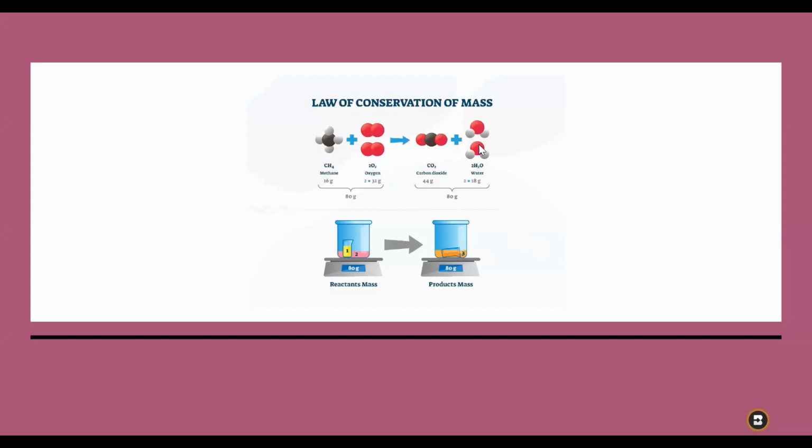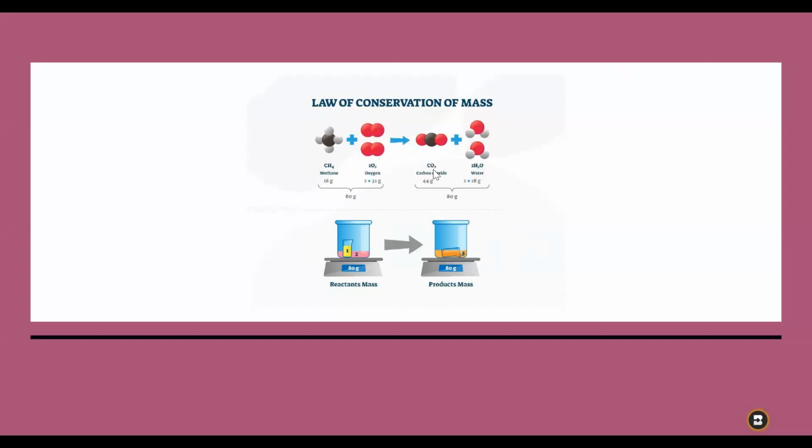So here, given this equation, we have the reactants, the reaction takes place here, and we have the products. Now, we have CH4, methane, and oxygen, 2 sets. That's why we have the coefficient 2.